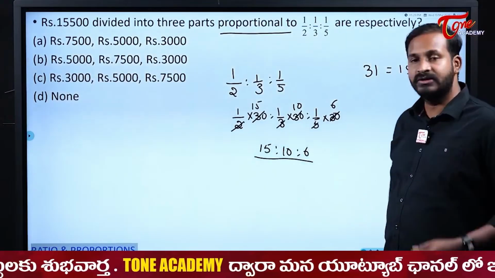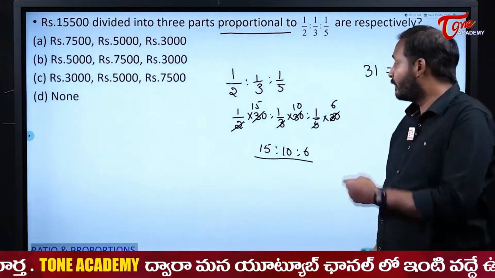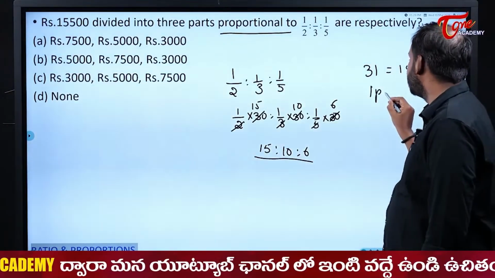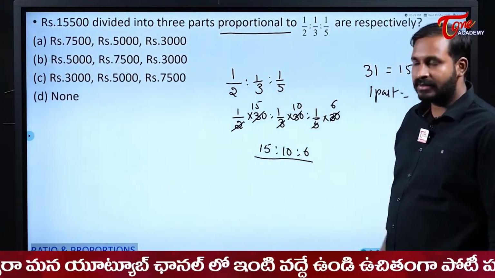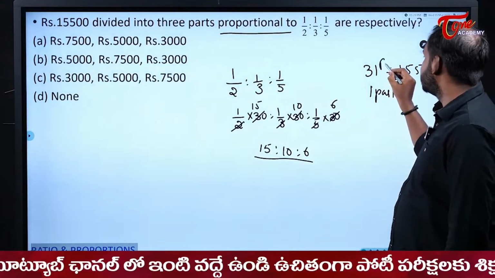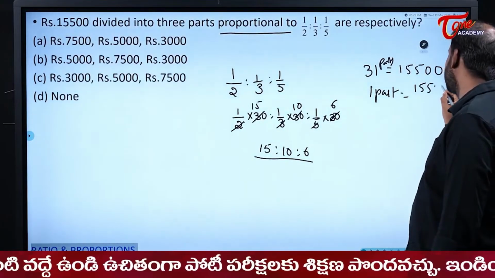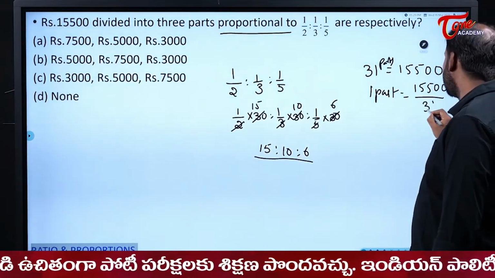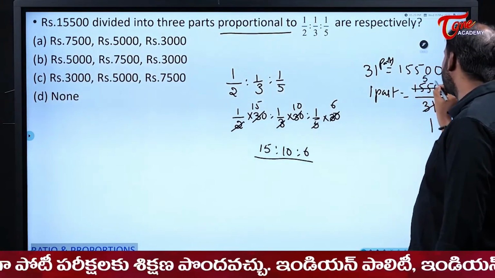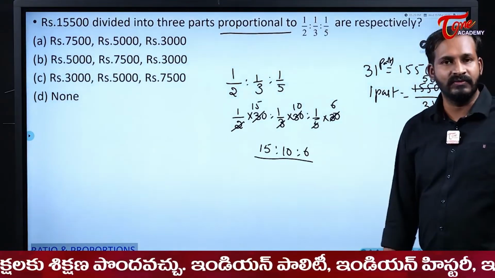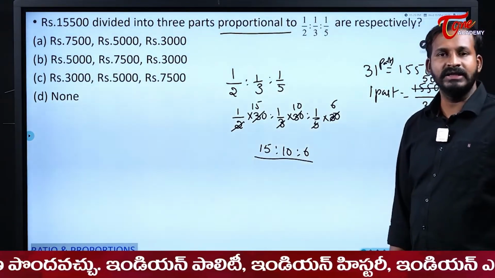31 parts is equal to 15500. So one part becomes what for me here? One part will become 15500 by 31. So 31 ones, 31 5s is 155 and 0. So one part value becomes 500.